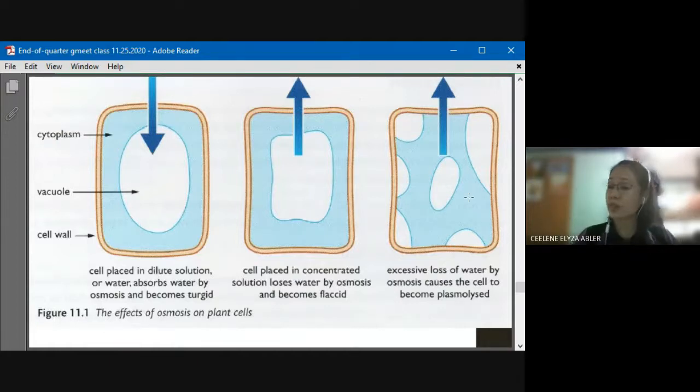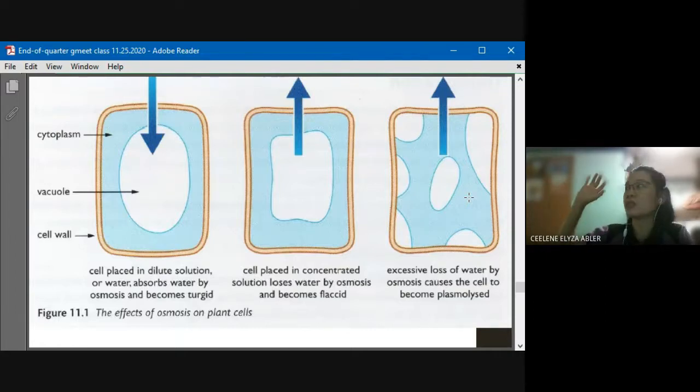What if it's very hot outside and transpiration is actually happening at a faster rate? For example, when was the last time we had El Nino? We had 2015 to 2016. That's the year that we had a very long El Nino period here in the Philippines. During the El Nino phenomenon, you have excessive loss of water, so water is drawn out of the cell.